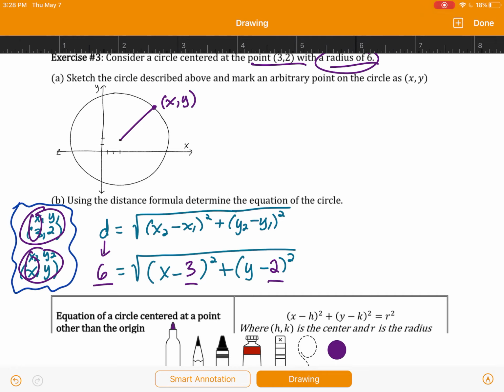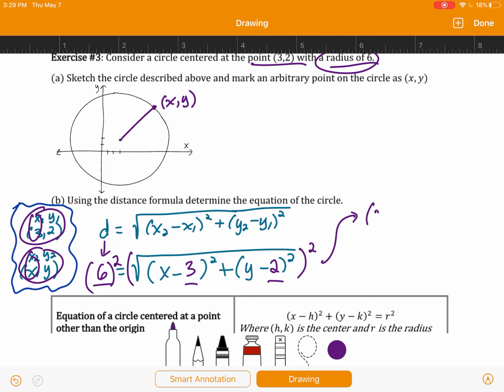But we don't like that big square root, because it's too much to put as our equation here. So we're going to get rid of that square root. The way we do that is to square it, and whatever we do to one side, we do to the other. Then that same equation can be written like this.